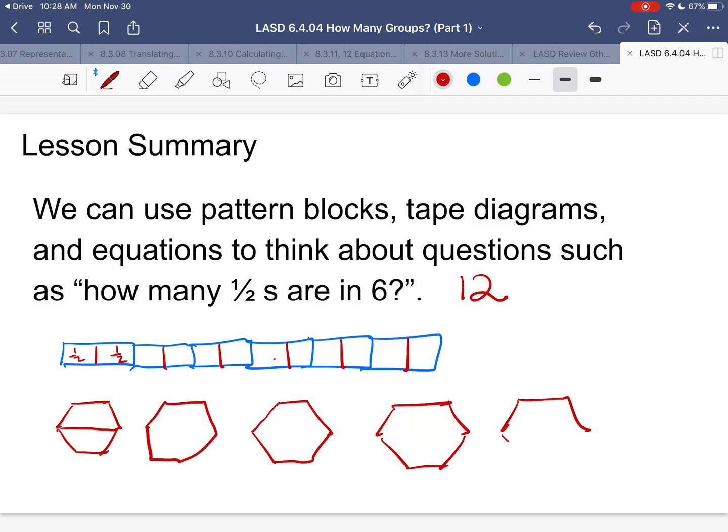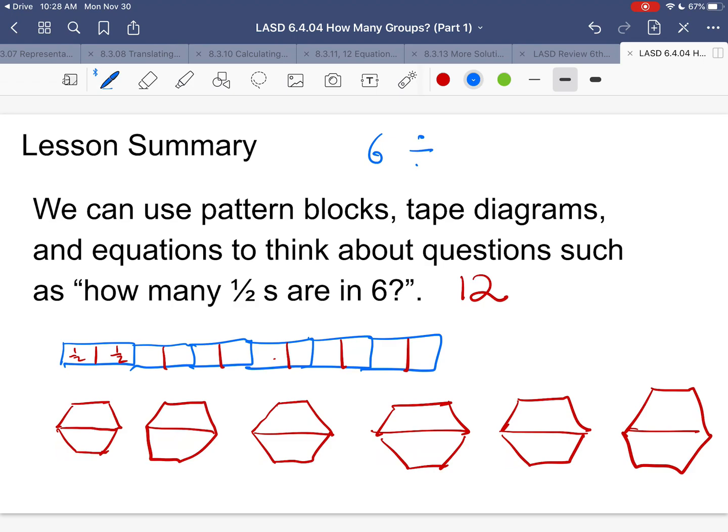Four, 5, 6. So how many halves do we have? We could count them there again and get 12. Or we could use a division equation, and we would say 6 divided by 1/2, and we'd get 12.